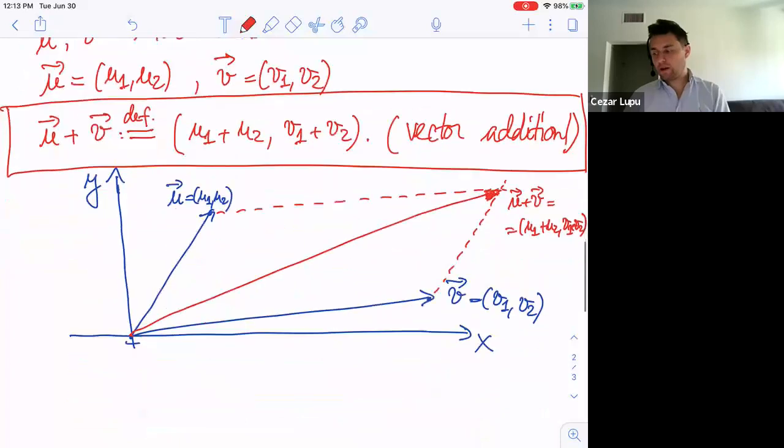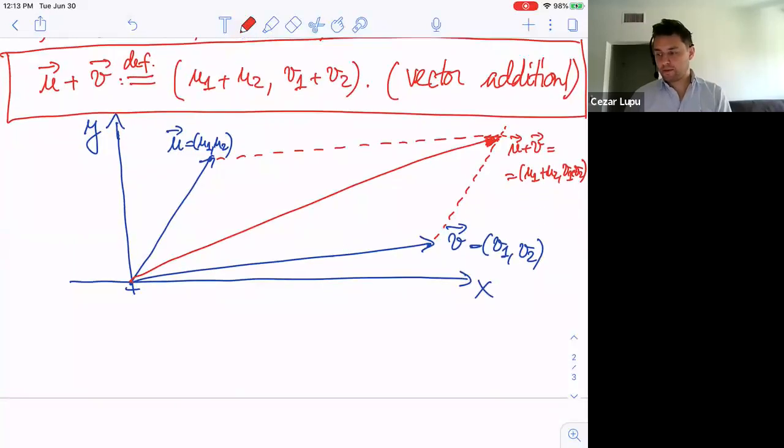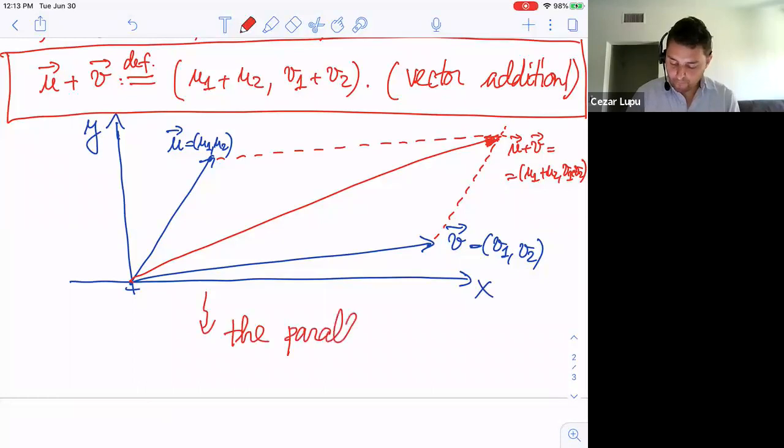So this is what we call the parallelogram law. What I drew here is nothing else than just a parallelogram having u and v as adjacent sides. Rule or law, whatever.